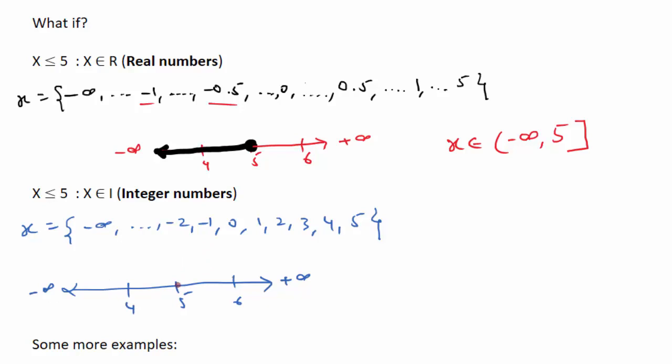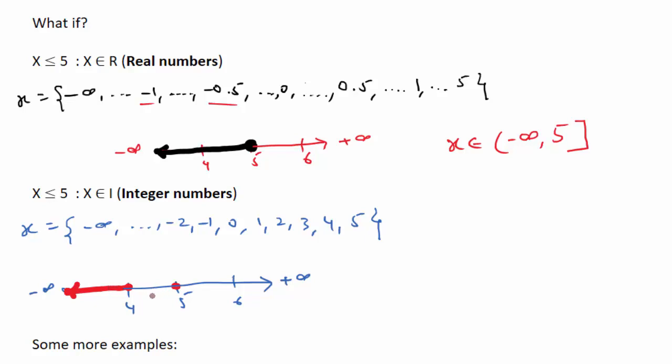Now since 5 is included in our solution set, we will put a darker circle on 5, similarly a darker circle on 4, and from 4 till minus infinity we will draw a thick line, meaning all the numbers from 4 to minus infinity are included in our solution set.